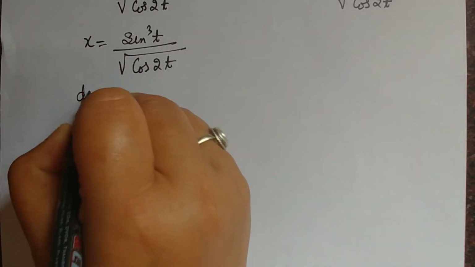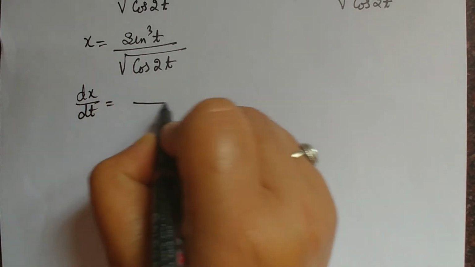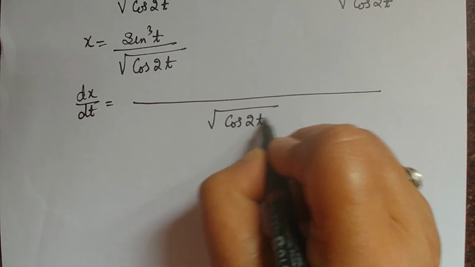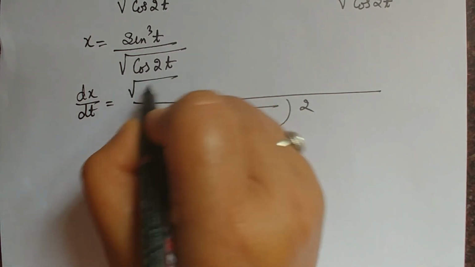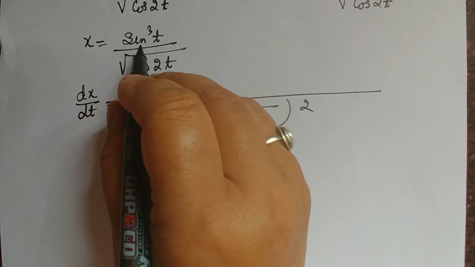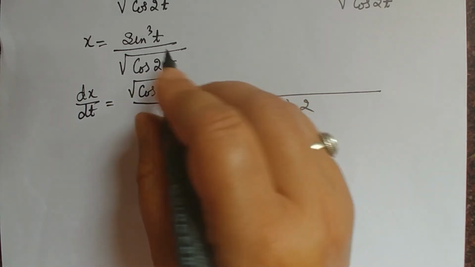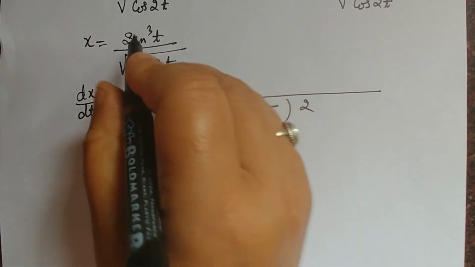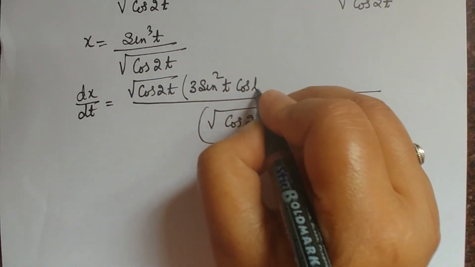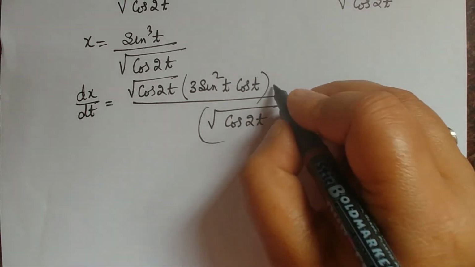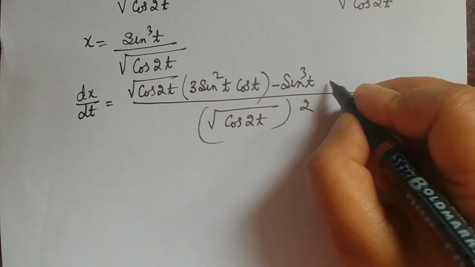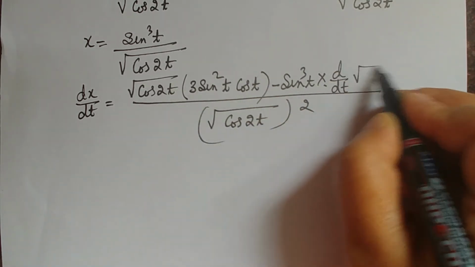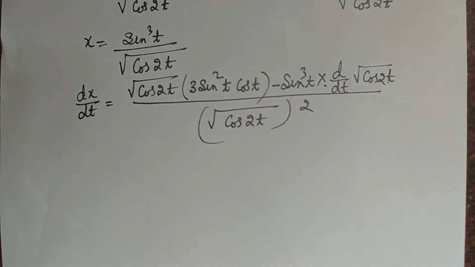So dx upon dt, I have to apply the quotient rule. It is root cos 2t whole square in the denominator, then root cos 2t times the derivative of sin cube t. What is the derivative of sin cube t? It will be 3 sin square t into the derivative of sin, which is cos, minus sin cube t into d/dt of root cos 2t.